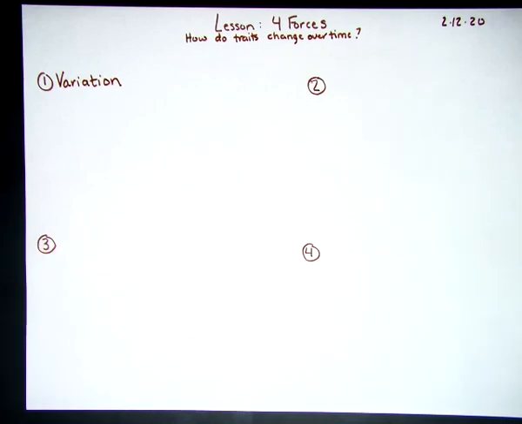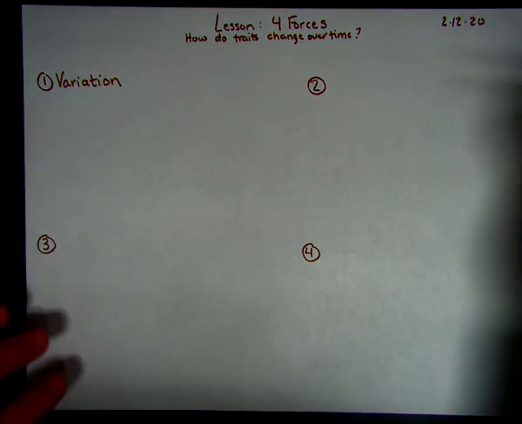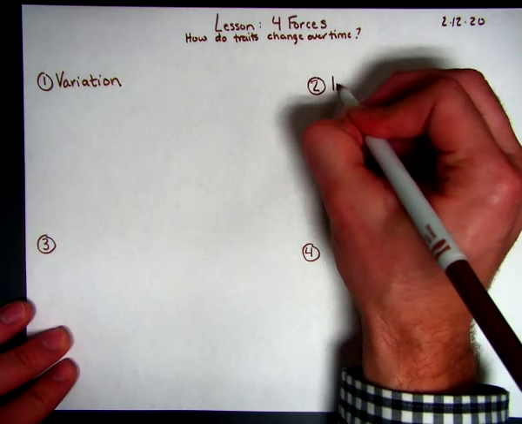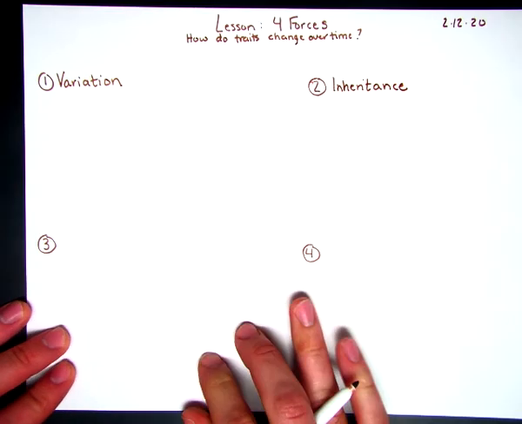Say that variation is a core component, that you can't explain the answer to the question without variation. The second component is inheritance.